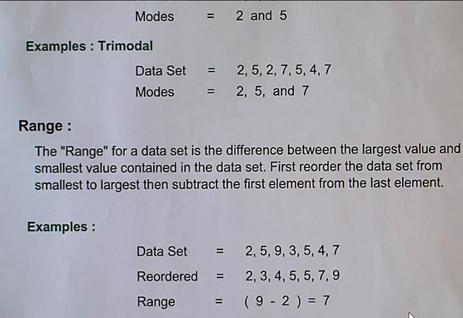Just go through the list, find the smallest and largest, circle them, then subtract them. But since you already have them in order to find the median, you can use that as well. Again, the biggest value minus the smallest value. So you can see in the example below, they found the smallest to be a 2, the largest to be a 9. They subtracted, and the range of numbers is 7.